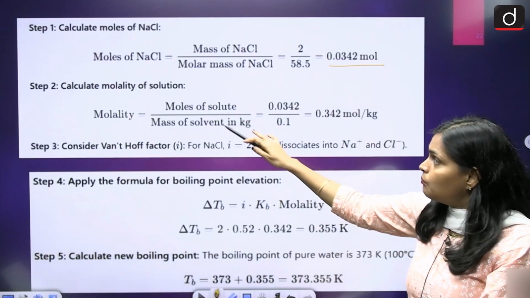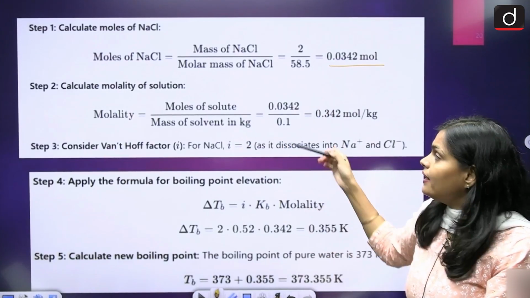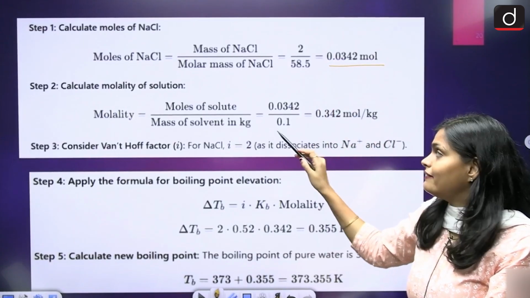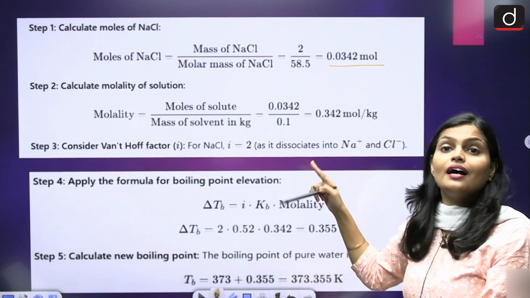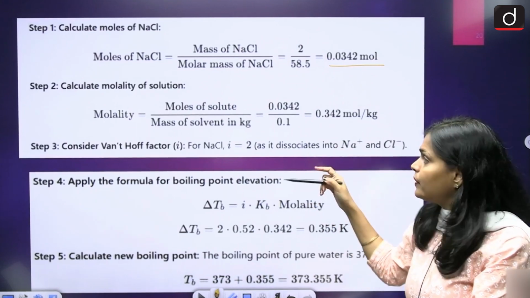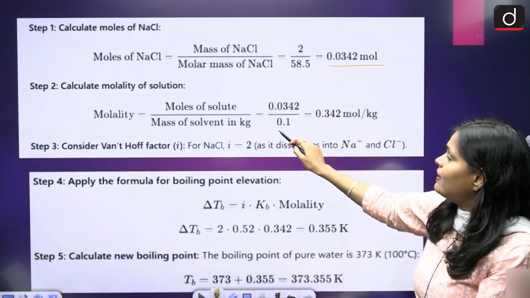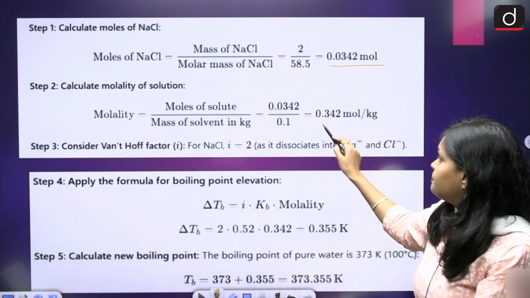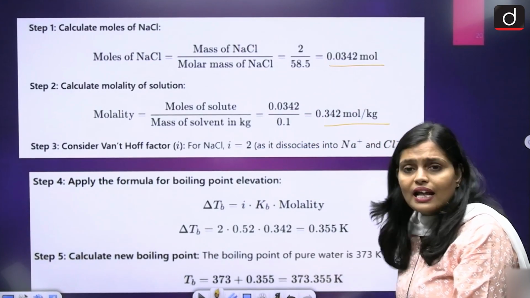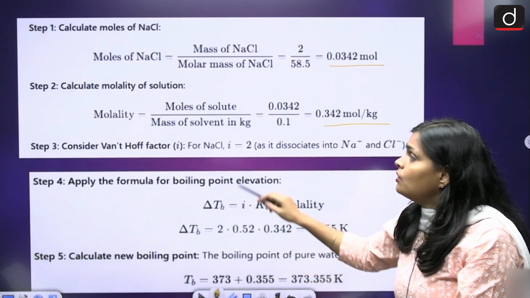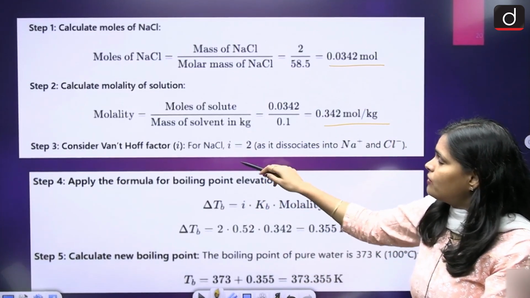Similarly, molality is calculated by moles of solute divided by mass of solvent in 1 kg. Moles of solute you have calculated, mass of solvent in kg is given, 0.1. So you can calculate the molality as well. Now consider the van't Hoff factor.